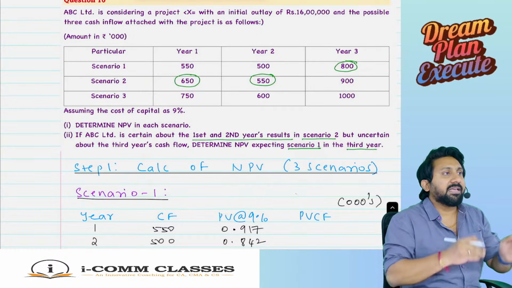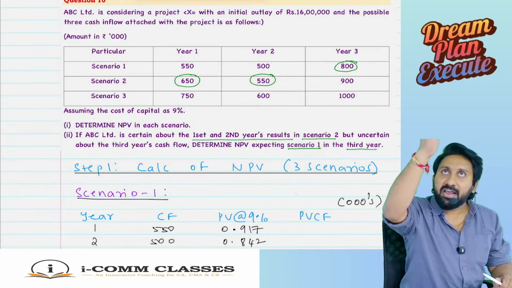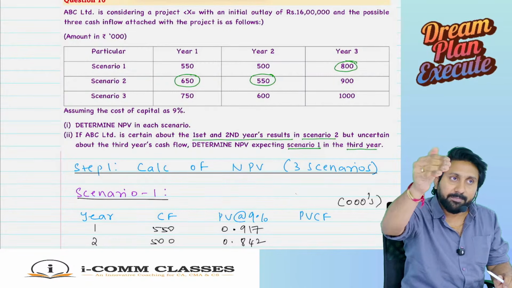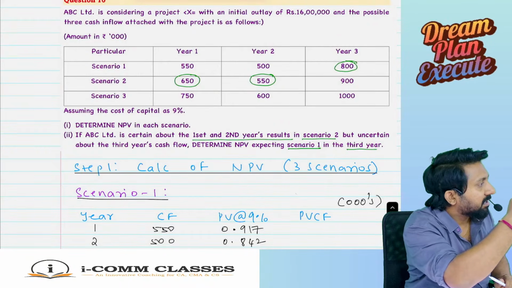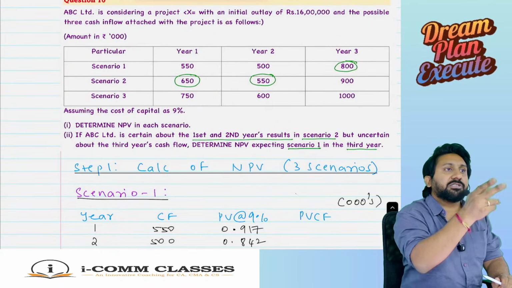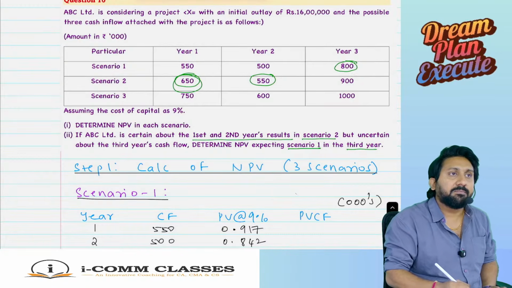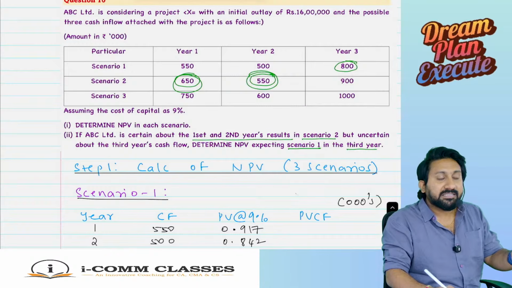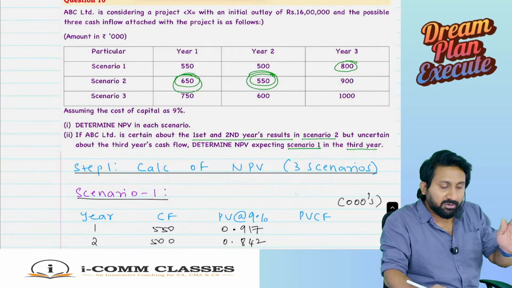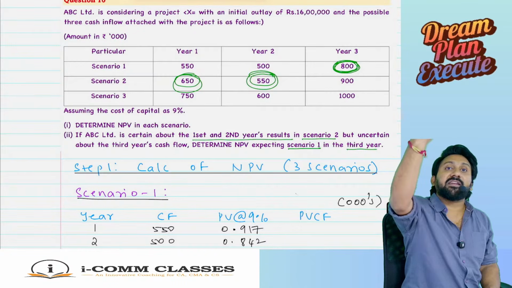Means they are taking a combination of scenarios. Previously, we calculated NPV for scenario 1, scenario 2, and scenario 3 separately. Correct? Now they are assuming year 1 of scenario 2, year 2 of scenario 2, but in year 3, scenario 3 will not come. What will come? Scenario 1's year 3 result will come.